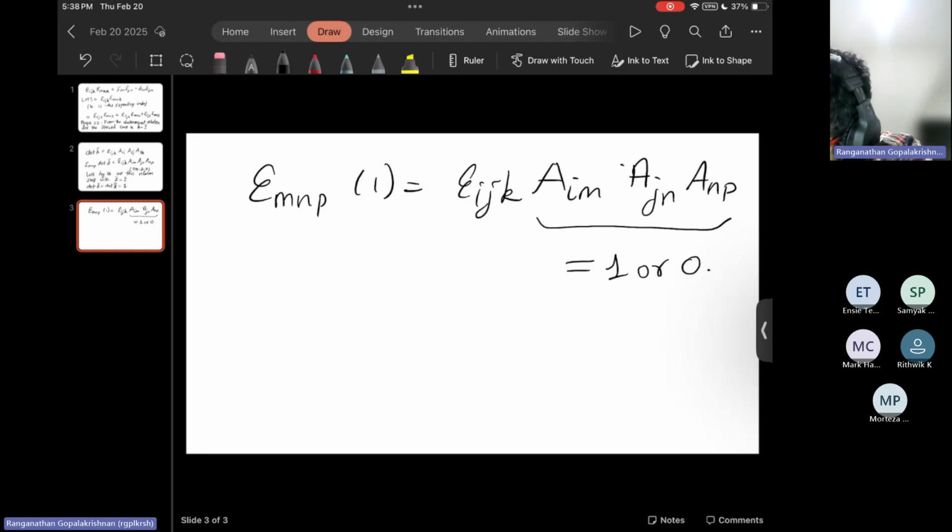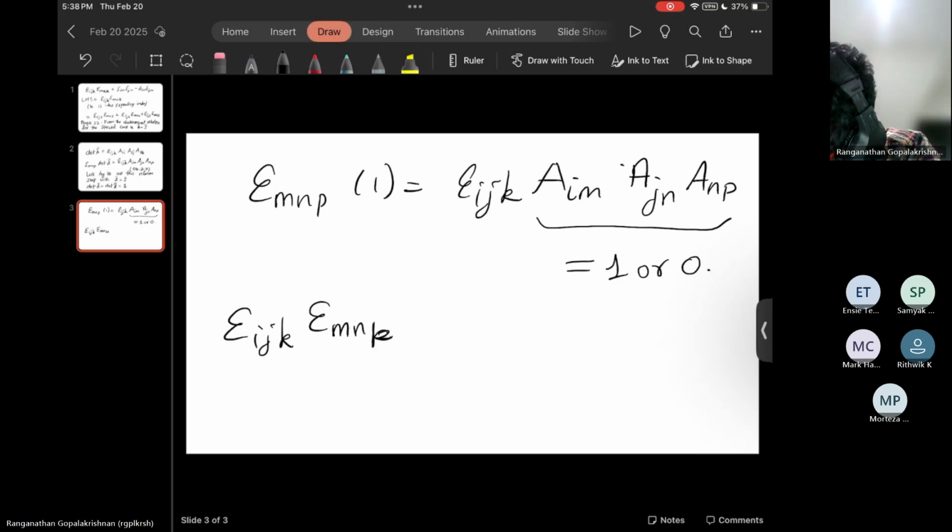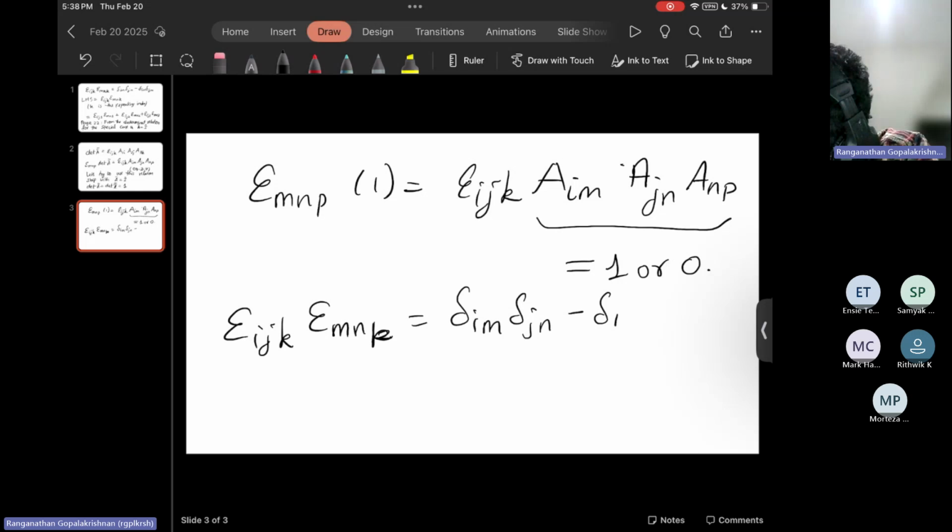Now can we do something to get back the identity that we want to get? What do we want to get? We want to get epsilon ijk, epsilon mnk equal to delta im, delta jn minus delta in times delta jm. How do we go from here to here? Any thoughts?